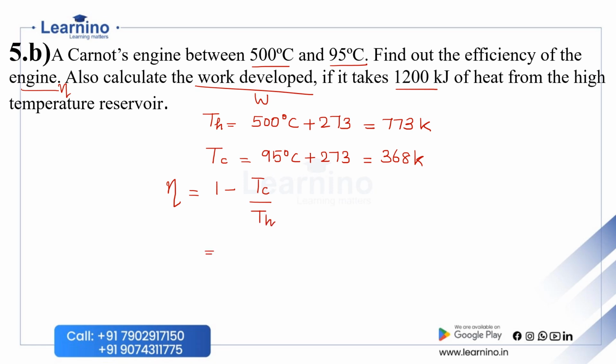That is 1 minus 368 Kelvin divided by 773 Kelvin, which is 1 minus 0.4754, and if you calculate this you will get the efficiency as 0.5246.